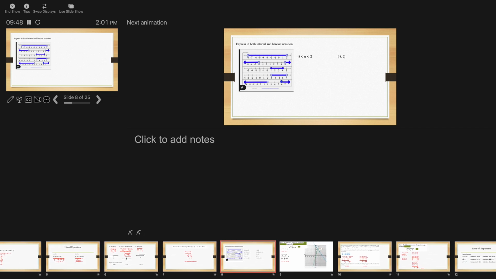Okay, let's express all of these. You're going to do all 5 of these questions in interval and bracket notation. Go ahead. Okay, I just want to go through this. We'll do one, and then if you notice you did something wrong, go back and adjust your answers that follow.